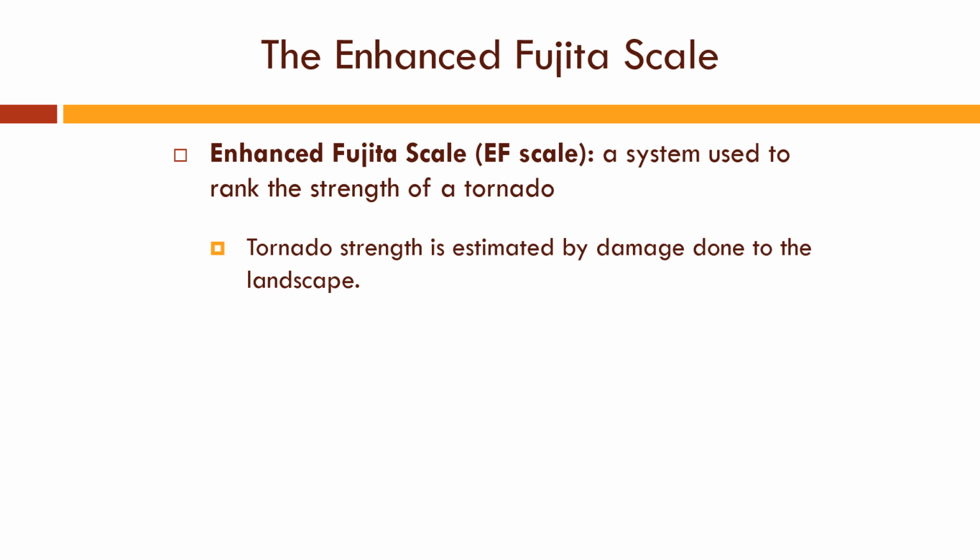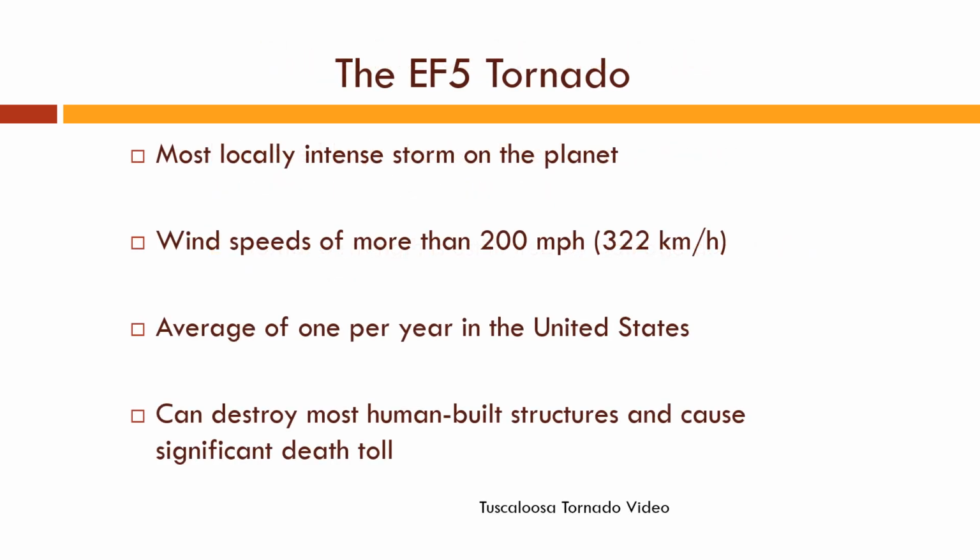The Enhanced Fujita Scale ranks tornadoes from 0 to 5, so we have 6 different categories. This is not necessarily by wind speed, it's really ranked based on the amount of damage that tornado causes. An EF5 tornado is the most locally intense storm on the planet.